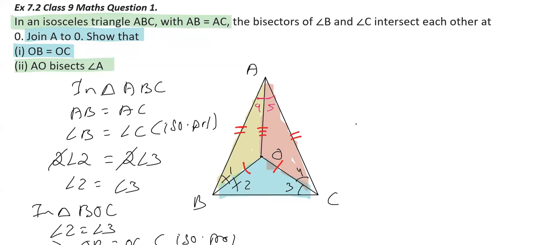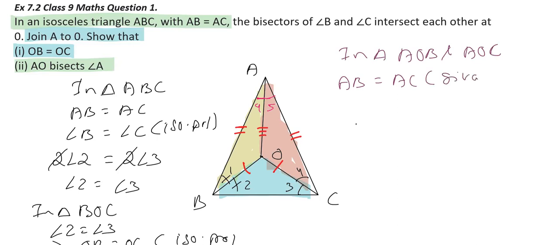So let's consider these two triangles. I'm considering the triangle here that is AOB and the other triangle that is AOC. Same as we discussed, we have the length AB is equal to AC. This was given in the question. We have OB is equal to OC, and we can write this as proved above.